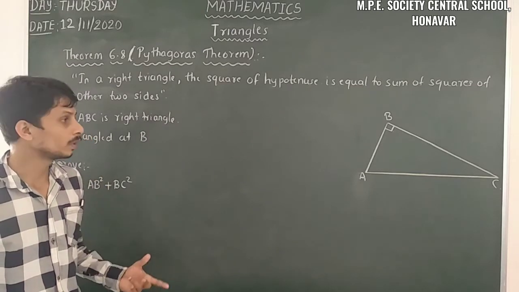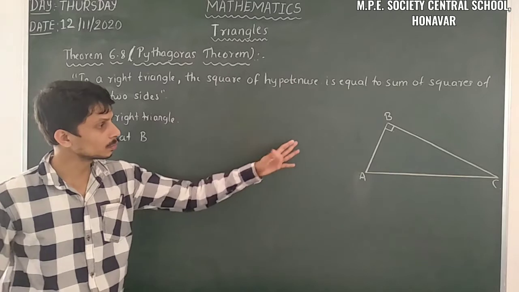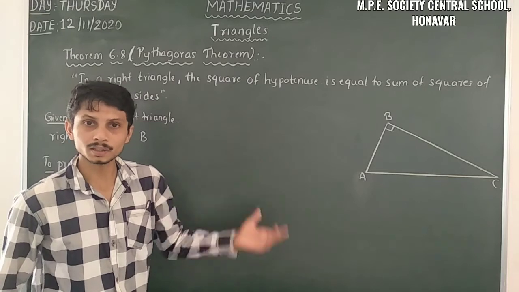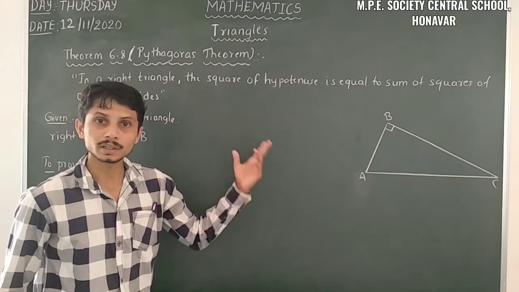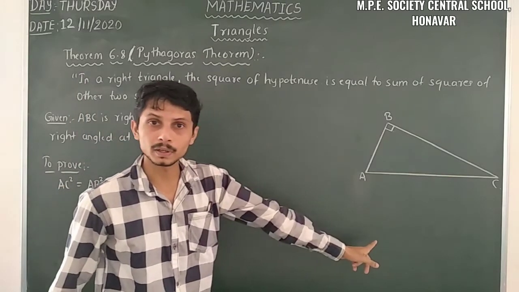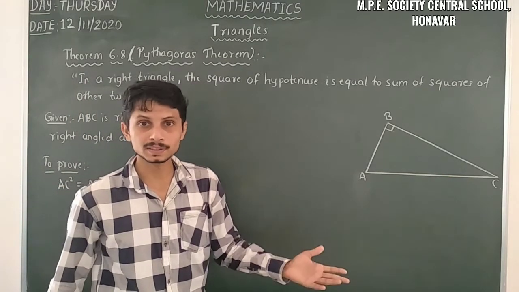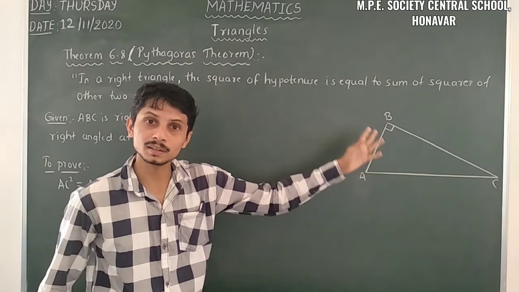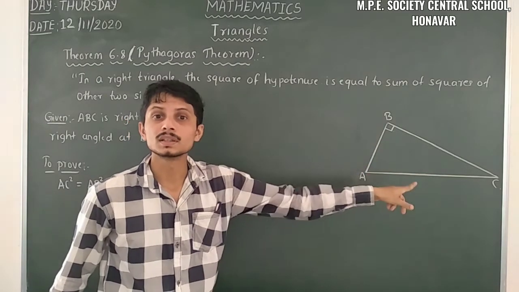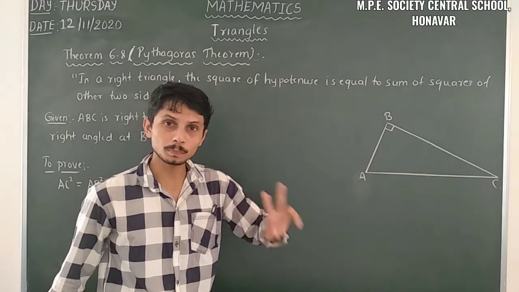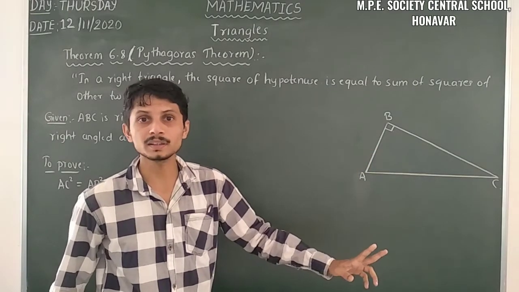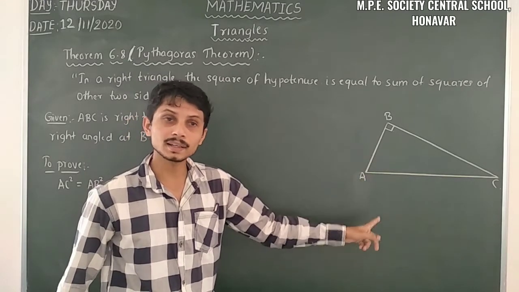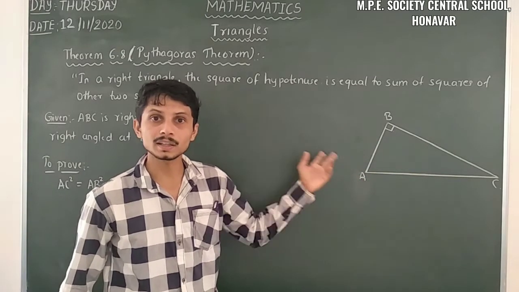So for that we have to take a construction. That means only from this one we can't prove it, so we want some of the similarity criterion. So for that we have to make some construction. We have to draw a perpendicular here, with help from the previous theorem. That perpendicular line splits this complete triangle into two similar triangles, so that each triangle is similar to the complete triangle and also to each other.